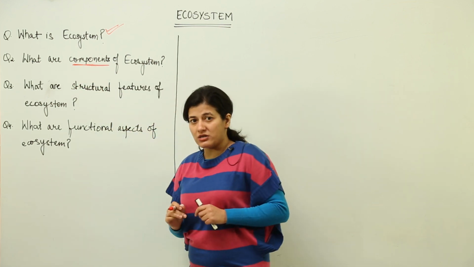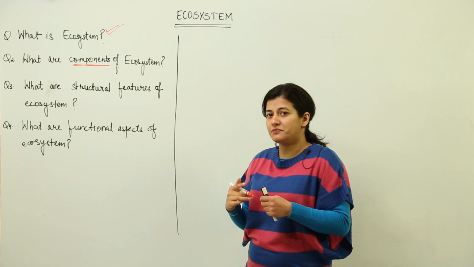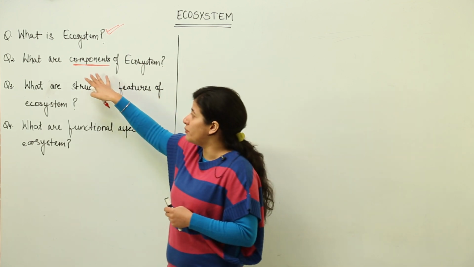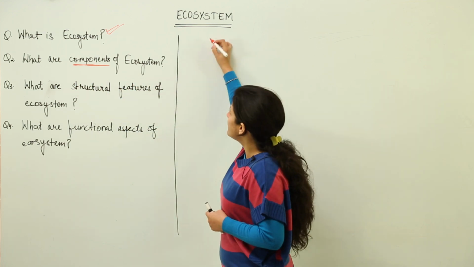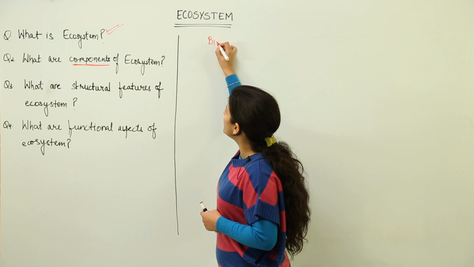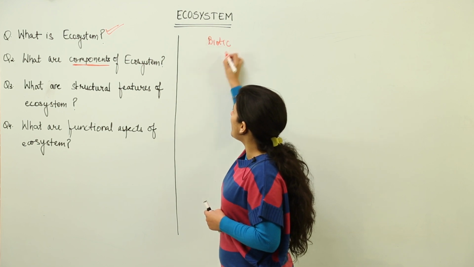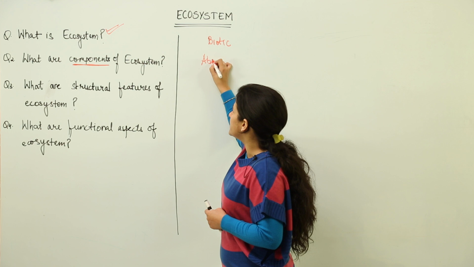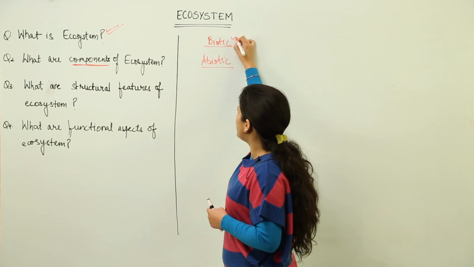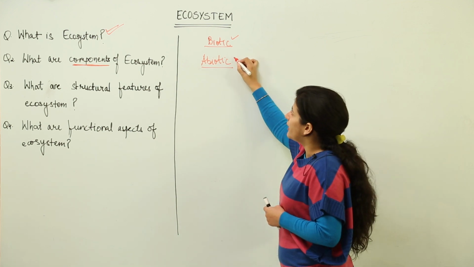So we get to know that there would be a few components of the ecosystem which would be interdependent. When we are talking about ecology, we are basically talking about a few aspects of ecosystem. Now what are those components? We had studied earlier also that there are two components of ecosystem. One is the biotic component and the second happens to be the abiotic component. Now we discussed in detail earlier what the biotic and abiotic components are.